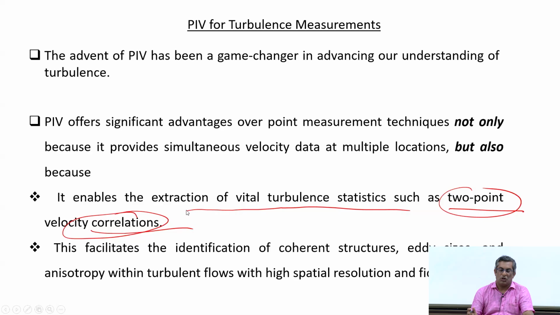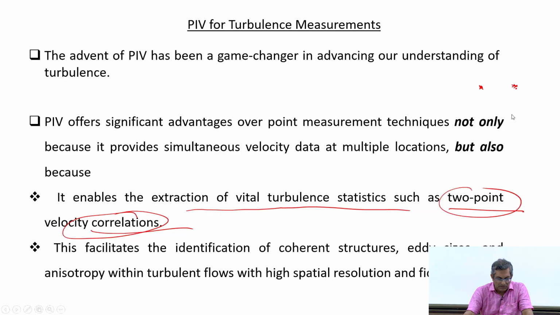That is, at any instant of time, you have measurements here and here, and you try to correlate these two. You do this for different times, and then you average it. But this requires measurement of the velocity at the same time, but at different locations.